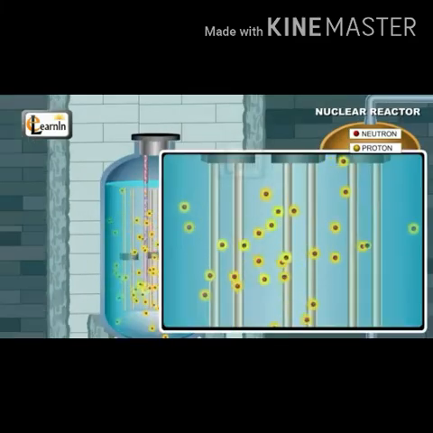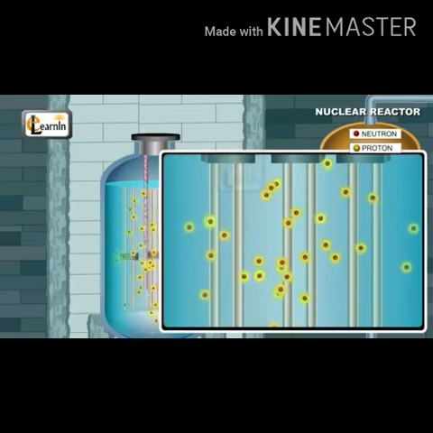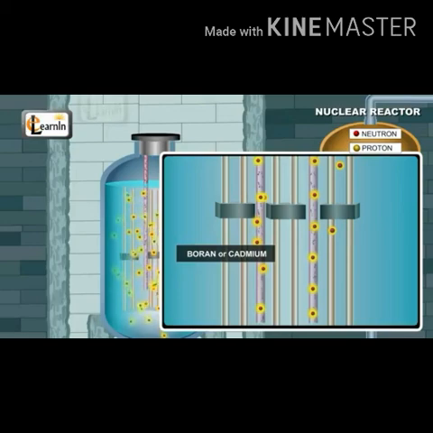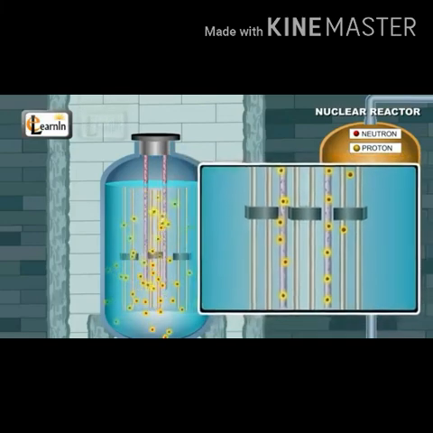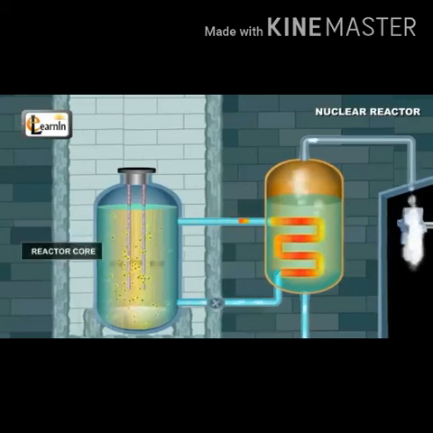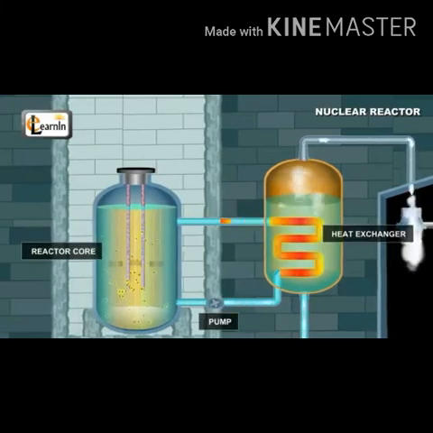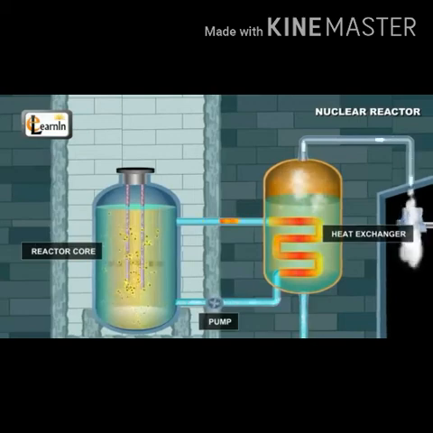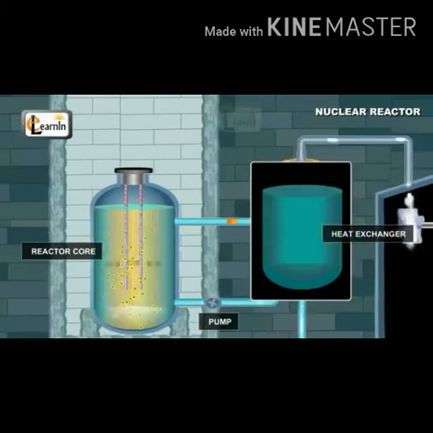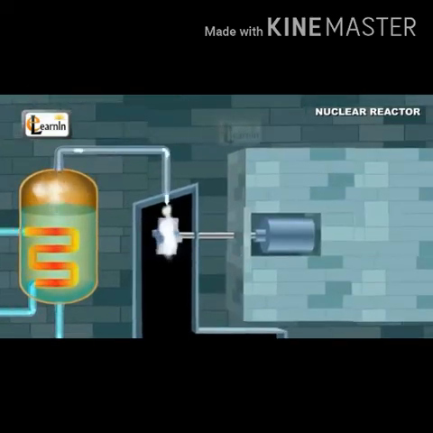Second, controller: to reduce the number of neutrons by absorbing them, rods of boron, cadmium, beryllium, etc. are used as controller. The heat produced in the fission process is taken out by using water as coolant. Water is transformed into steam. By means of this heat, turbines are driven and electricity is generated.